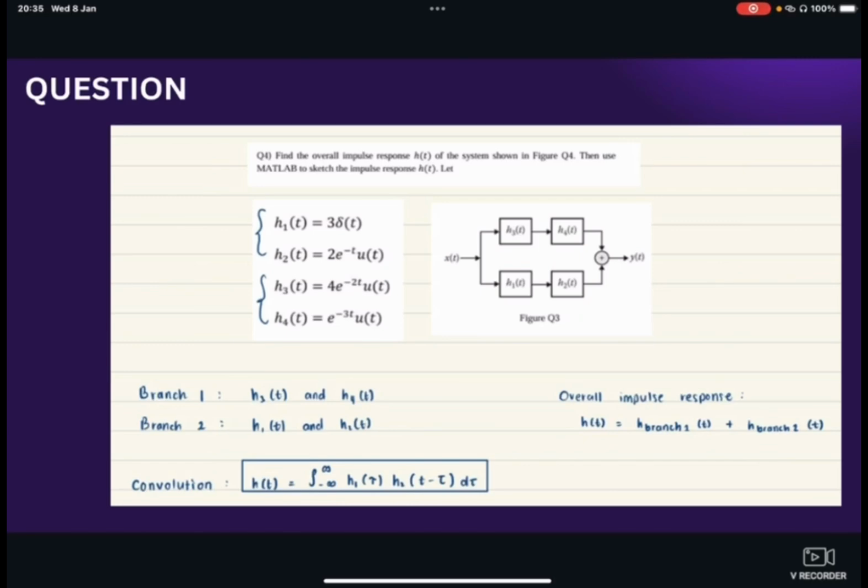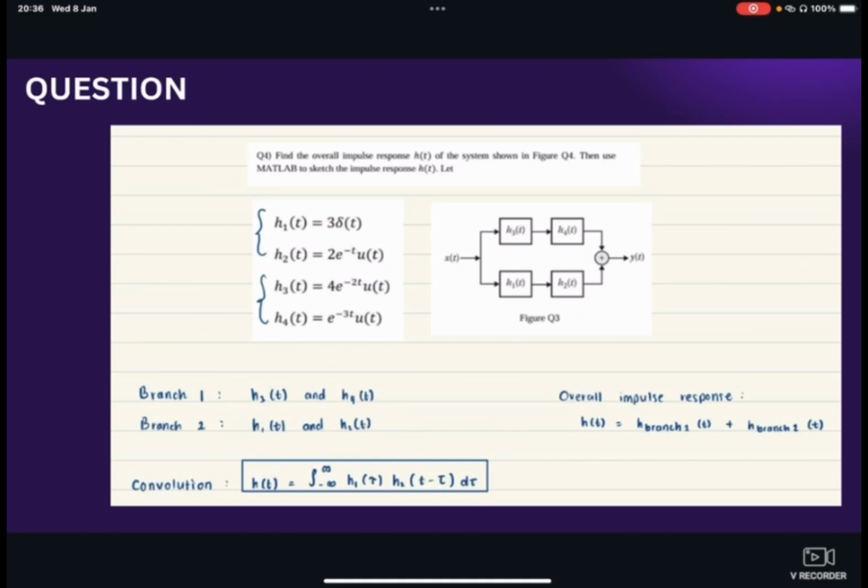Based on the figure, the system has two branches and we analyze them separately. For branch 1, h3(t) is convolved with h4(t). The formula of the convolution is given by h(t) equals the integral from negative infinity to infinity of h1(theta) multiplied by h2(t minus theta) d theta.